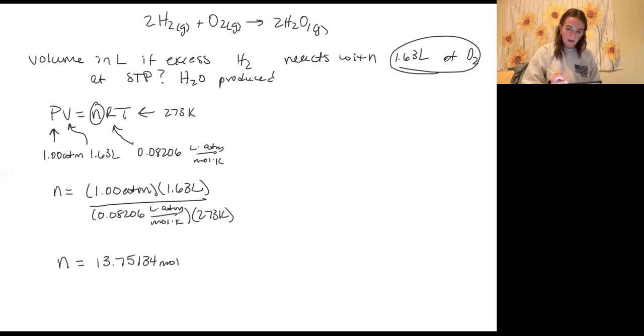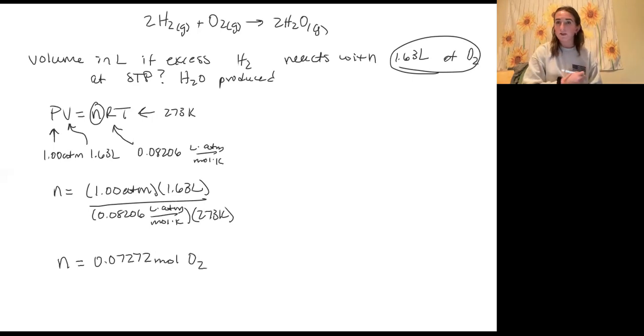So we're going to take, right? Okay. I think it should be a small n. Yeah, okay, cool. Thank you. So it's 0.07272. Sorry, I did this earlier, I just don't remember them. I don't have my work in front of me. So this is going to be moles of O2.